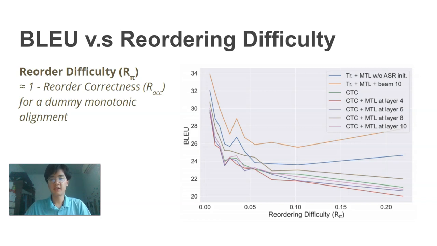We observe a negative relation between the score and reordering difficulty. Obviously, autoregressive models are more robust to higher reordering difficulty. It is interesting to see that when applied at layer 8, multitask learning models came close to autoregressive models.